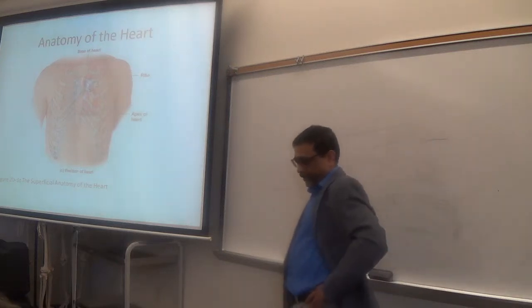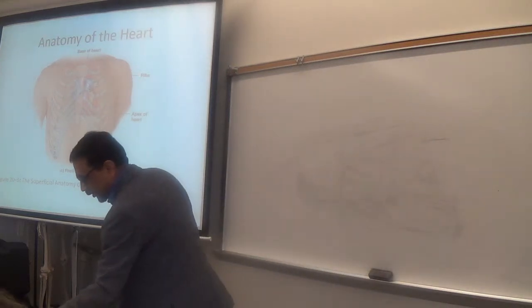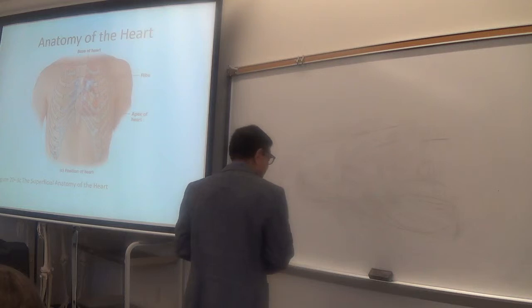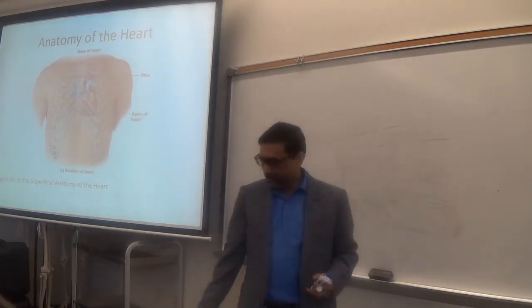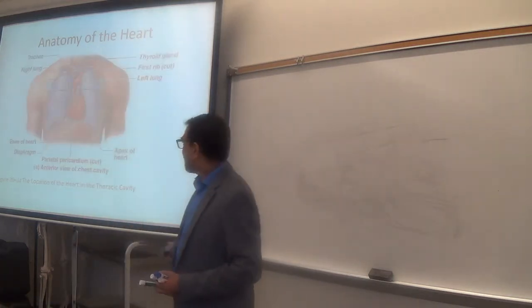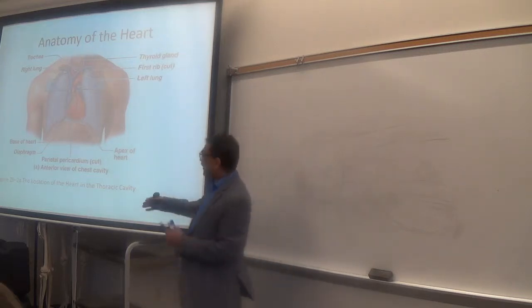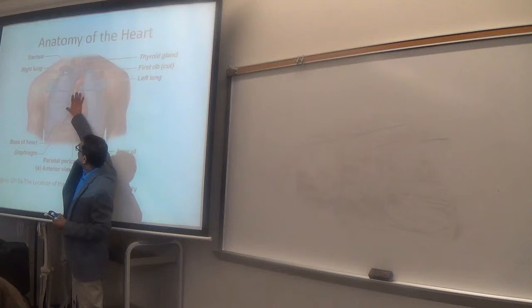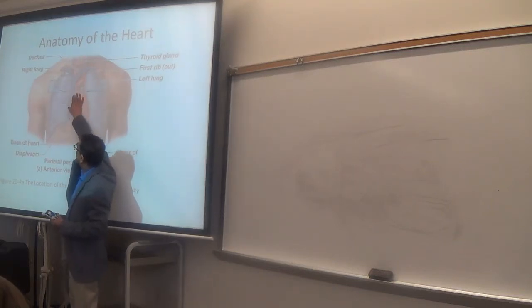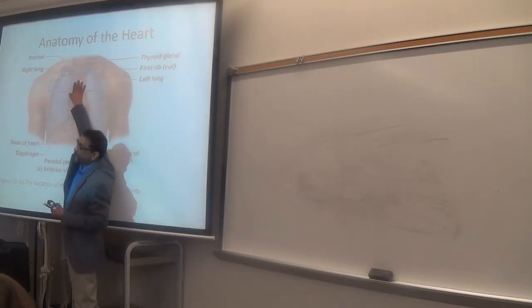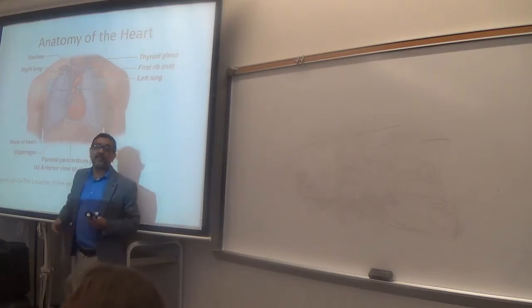Heart is located in between 2 lungs. How many lungs you have? 2, right? The heart is located, you see here, between 2 lungs. And the space between 2 lungs is called mediastinum.